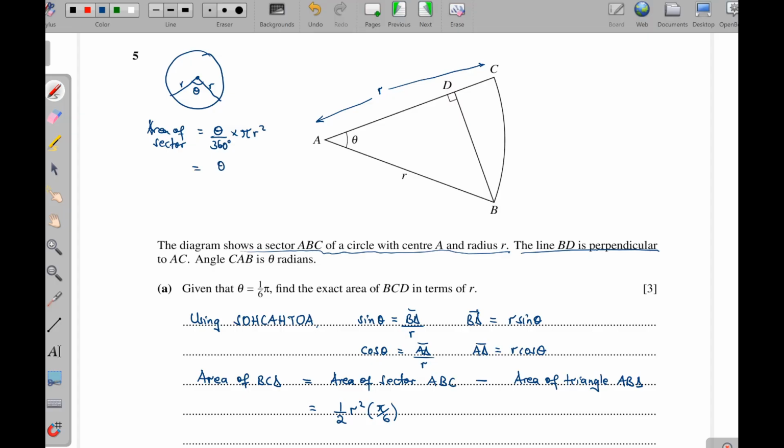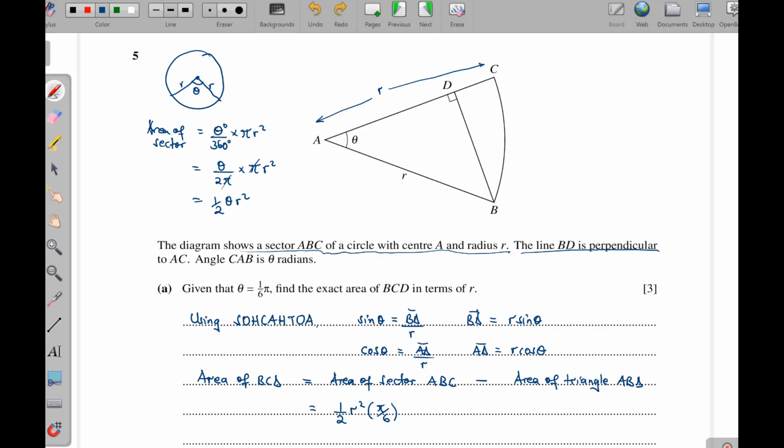But in radians, this 360 is equal to 2 pi. You see that? Then we have pi here, then R squared. So this one will go, and then you'll have a half, then theta, then R squared. So that's why we have a half R squared, then the theta.